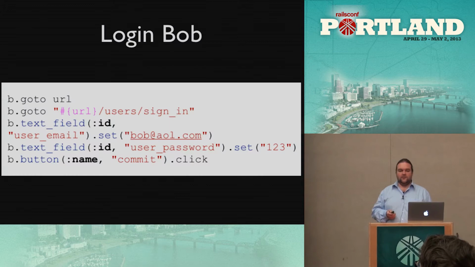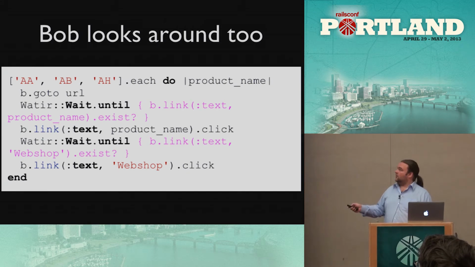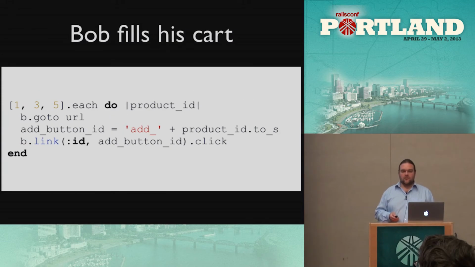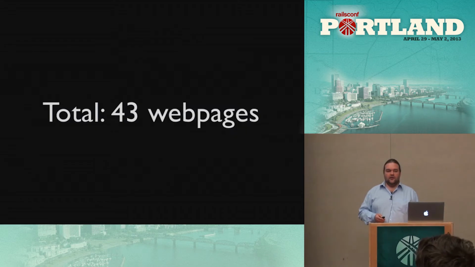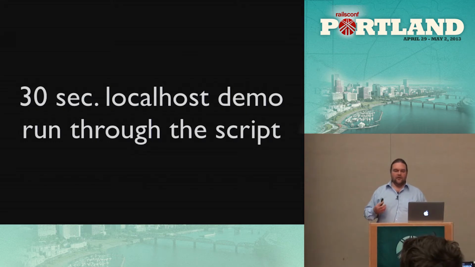When Bob logs in, he has to go through this part of the Watir script. He also looks around 3 different products, but he also rates these products. He buys some stuff, and he logs out. A total of 43 web pages. To give you an idea, I recorded that on my laptop.